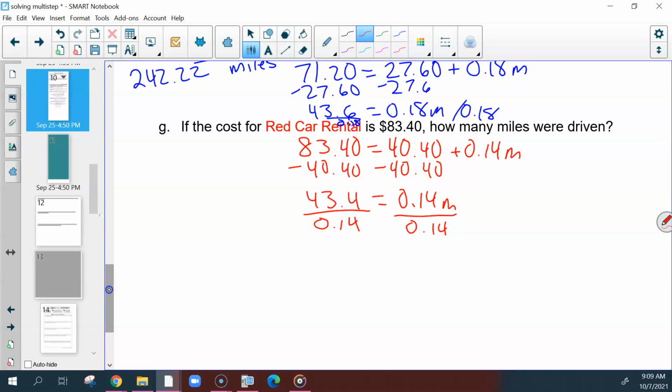That gives 307.1428571. If we could round up, we would round up. If not, leave it or round up. There will be some times where we have to round down, but we'll cross that bridge when we get to it. It just depends. I think that's more for inequalities, but we'll get there.